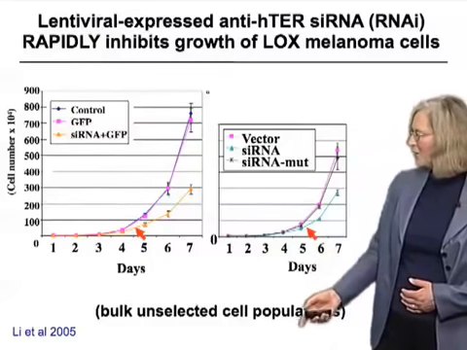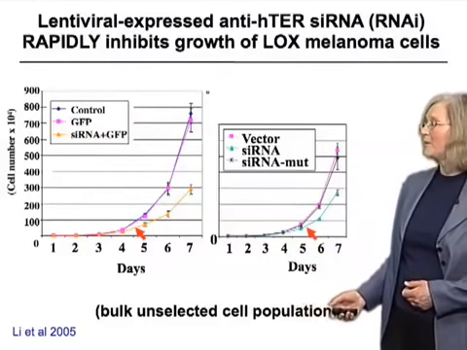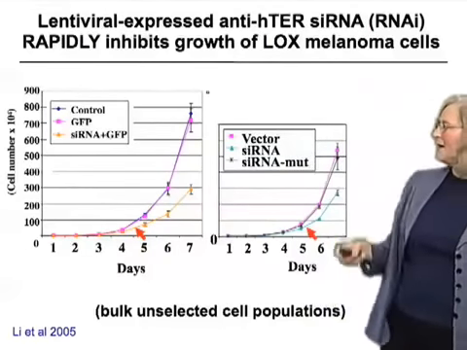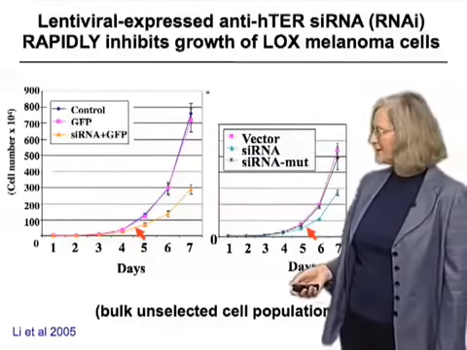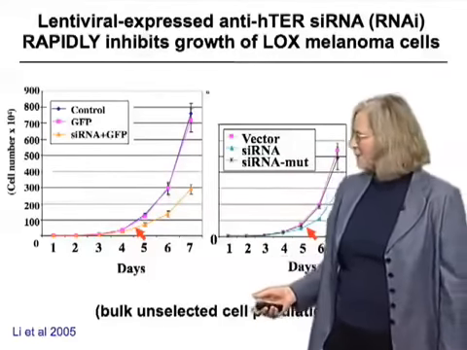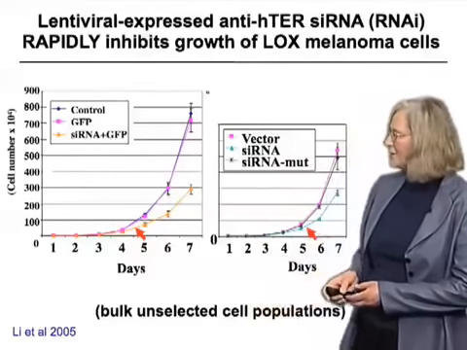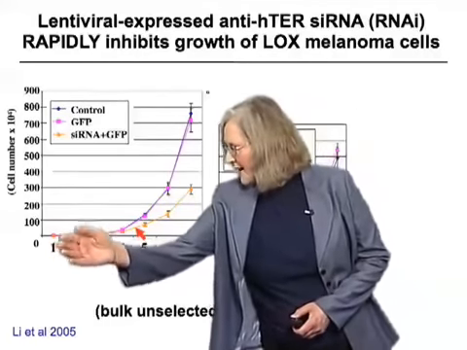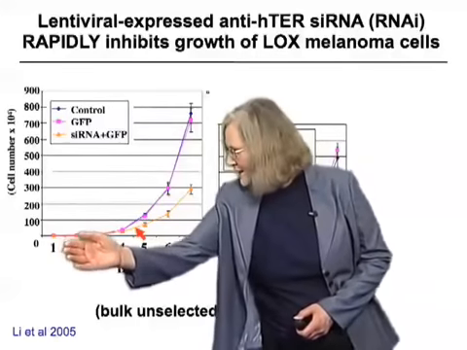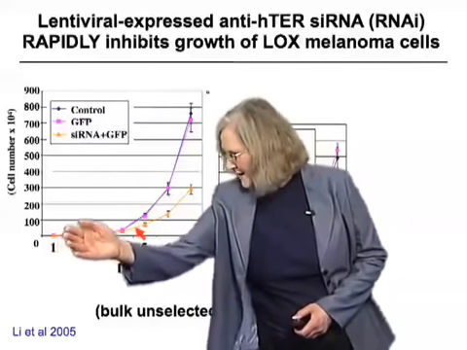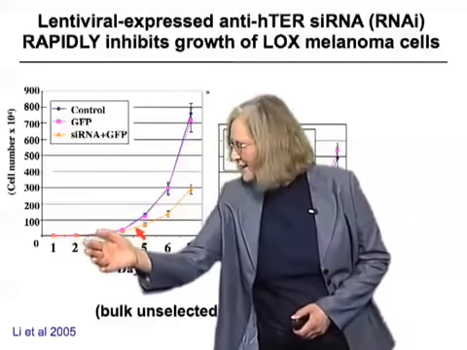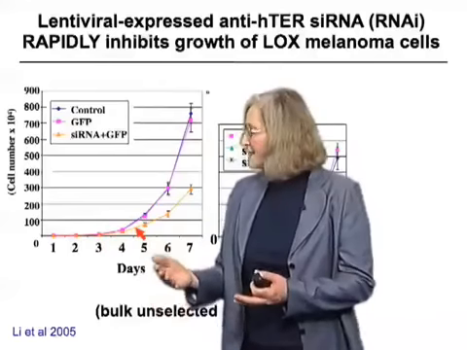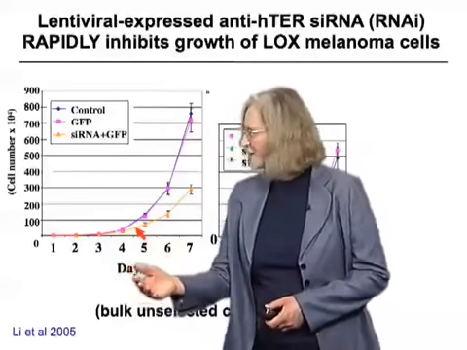This was done on bulk unselected cell populations. The cells were a melanoma cell line that normally has very long telomeres. The bulk unselected populations is significant because what it meant was that one could put the siRNA, the agent that knocks the telomerase RNA down, into the cells at day 0, and without even any selection, one could get something like 80 to 90% of the cells that received this construct.